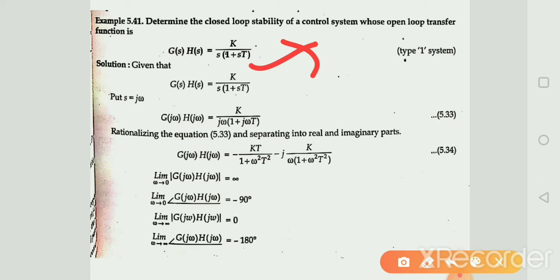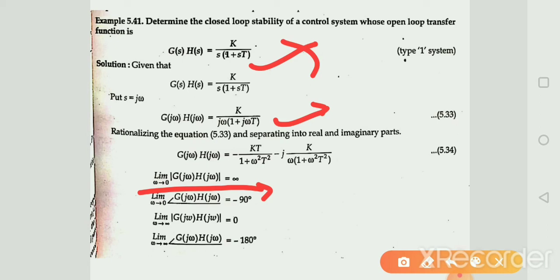So our first step in the polar plot, we put j omega in the place of s, and our equation becomes like this. Now our second step is we find the magnitude and angle for the limits. For omega tends to 0, our magnitude is infinite and our angle is minus 90.